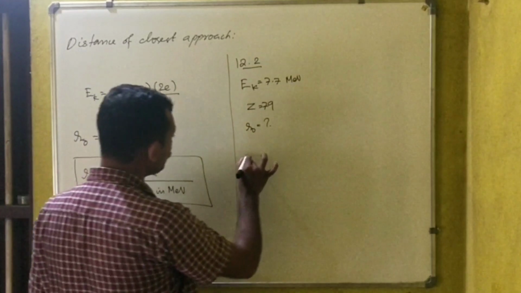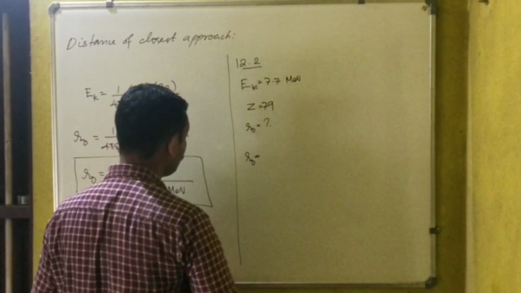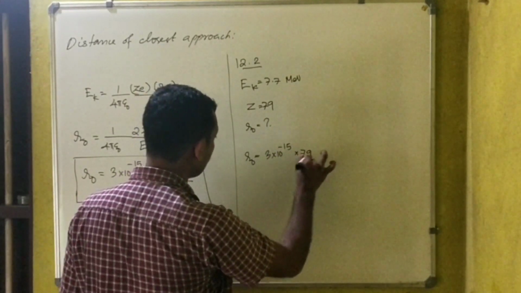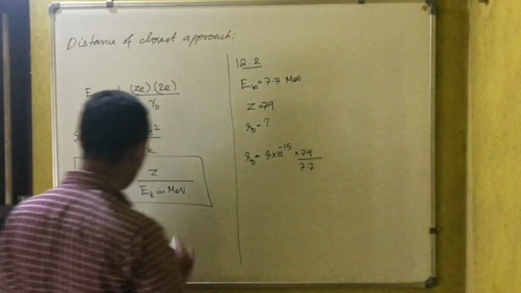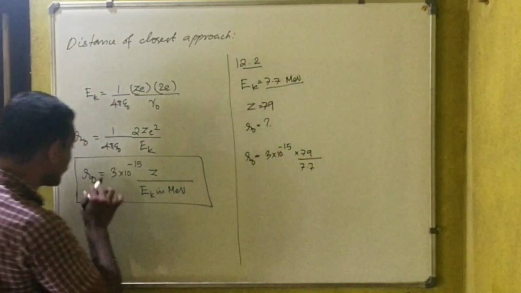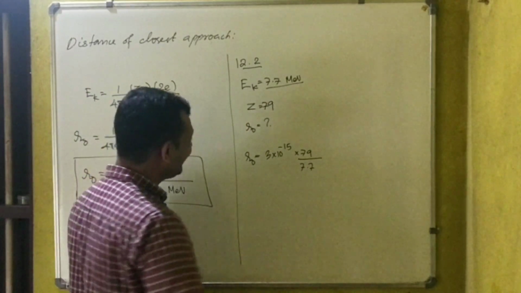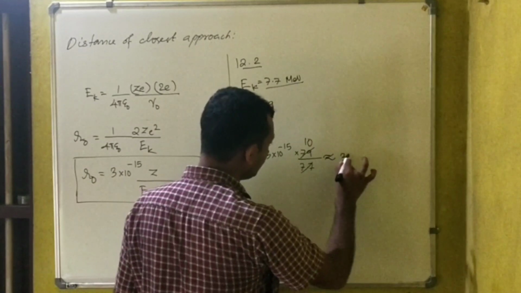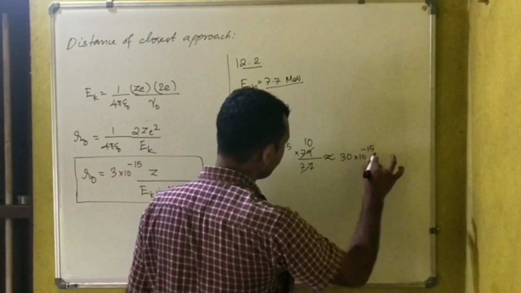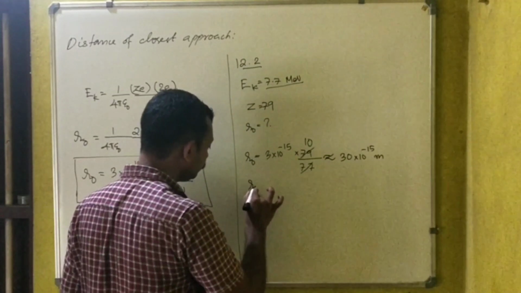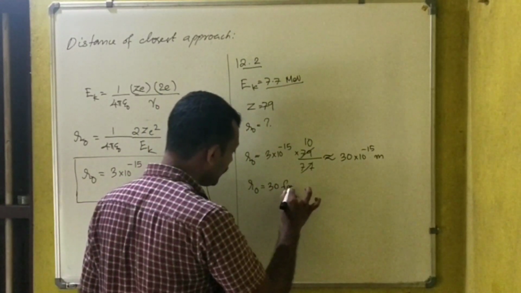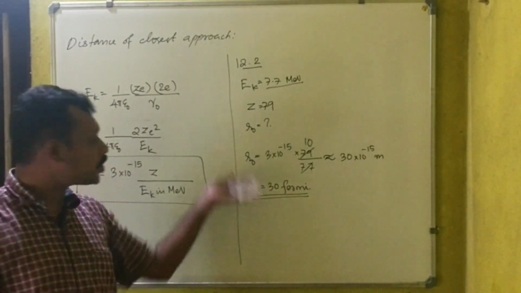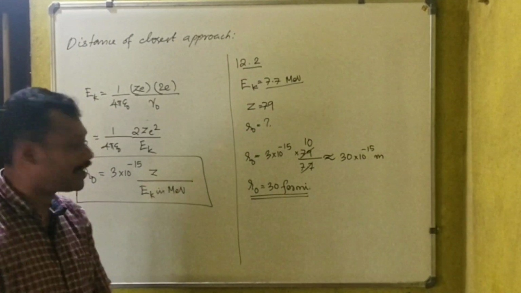R0 is equal to 3 into 10 to the power minus 15 times Z, which is 79, divided by 7.7 in mega electron volt. Just substitute in the formula and get the answer. Your answer will be approximately 30 into 10 to the power minus 15 meter, that is about 30 Fermi. So simple is this calculation if you reduce to this formula.